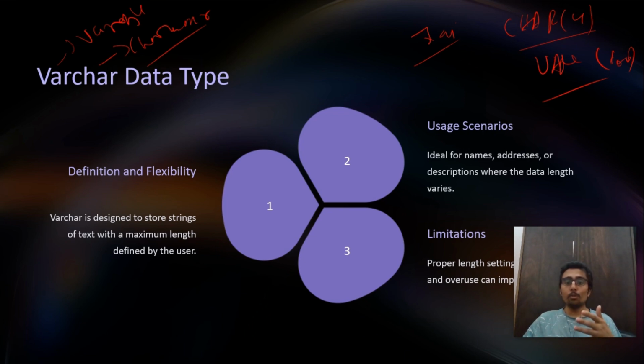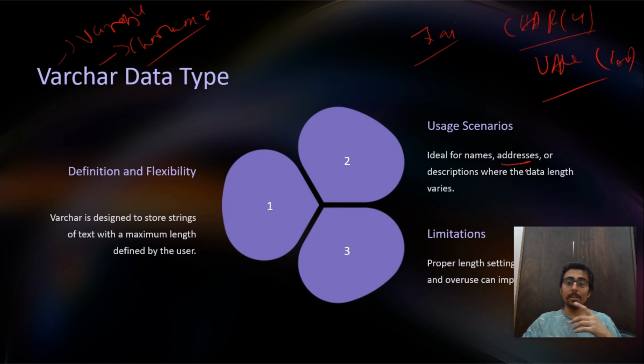Using varchar wisely will save storage and improve indexing performance as well. Never over allocate memory in varchar if the thing can be done in char. The use scenario is ideal for names and addresses, as you can see over here.